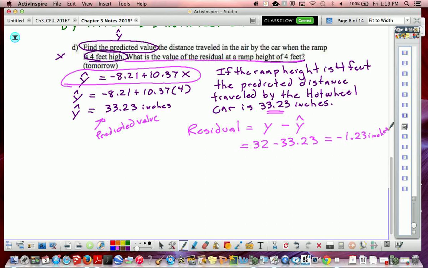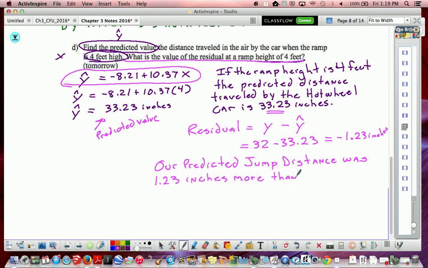Well, what it means is our predicted jump distance was 1.23 inches more than what was observed at a ramp height of 4 feet.